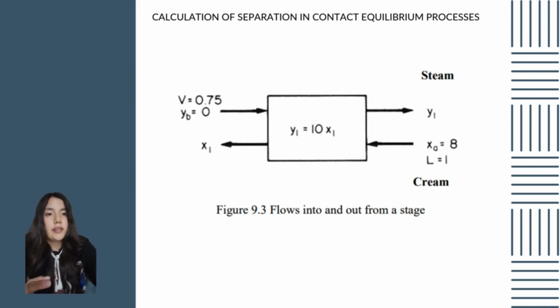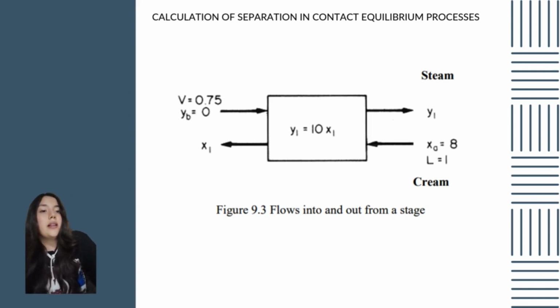To understand this better, we need to focus on two key principles. The first is the equilibrium relationship, which tells you how the unwanted component is distributed between the two phases. In this example, the concentration of the impurity in the vapor, Y, is 10 times the concentration in the cream, X. This means the vapor is much better at absorbing the impurity.